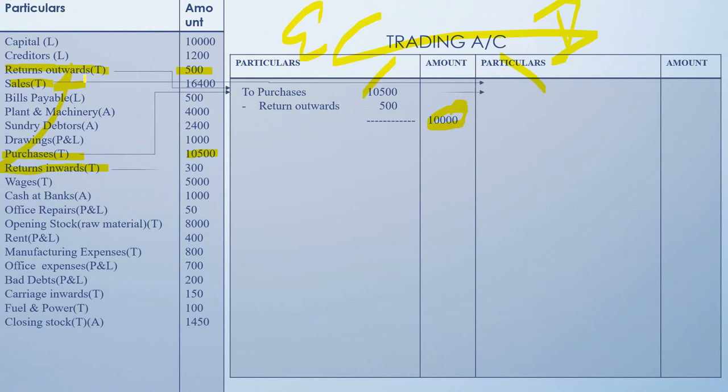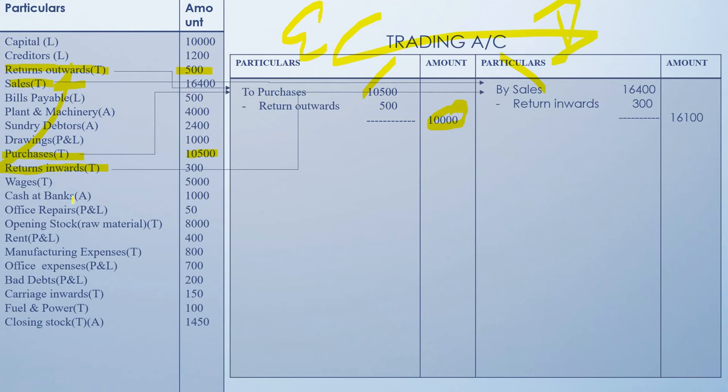So here is the sales account, and from the sales account we deduct the sales returns. The actual sales are 16,400. From the total sales they got back some goods at a cost of 300 rupees. So the actual sales that happened are 16,100 rupees.